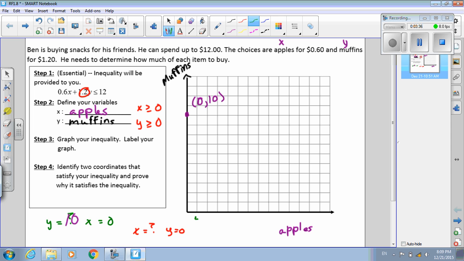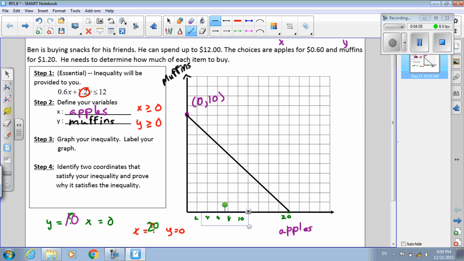That would give me the 20 for my x-intercept. So 2, 4, 6, 8, 10, and you don't have to write every one. Here we know that 5 is 10, so 5 more would be the 20 that I'm looking for. So this would be my other intercept, and it would be a solid line, because the points found on the line are solutions.